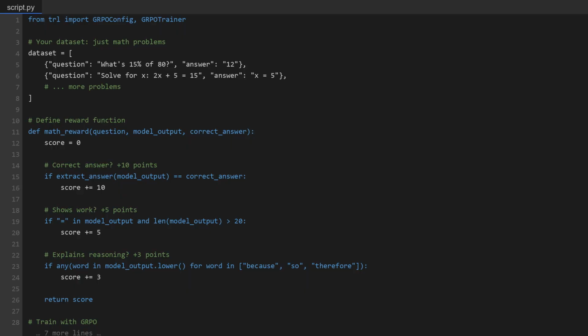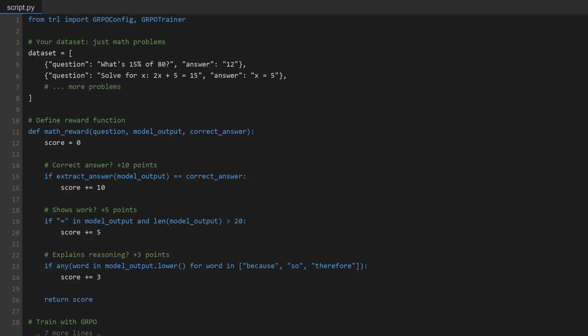Here's what a minimal GRPO training setup looks like in code. The dataset contains math questions and their correct answers. The reward function, math reward, evaluates model outputs on 3 dimensions: correctness relative to the known answer, solution completeness, and the presence of reasoning in the response. The GRPO trainer from the TRL library takes the model, the reward function, and the dataset.